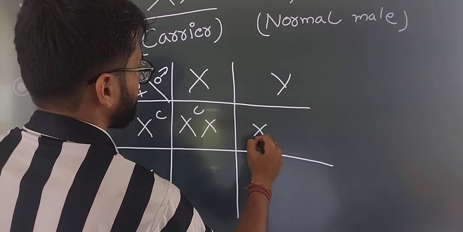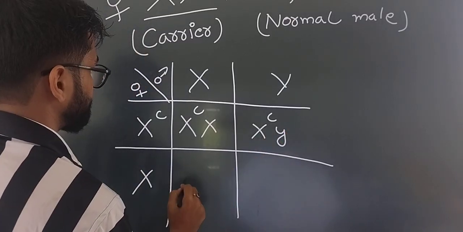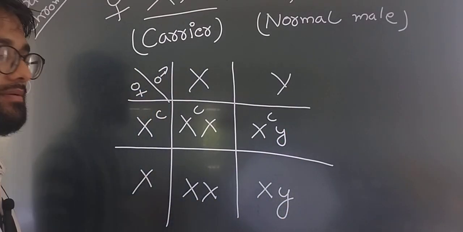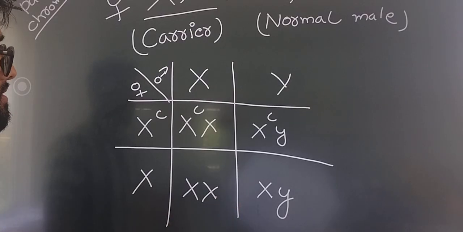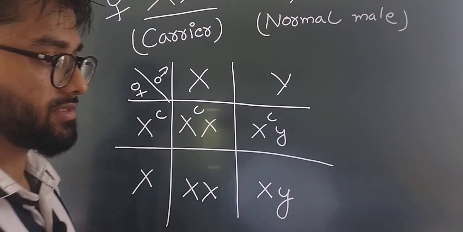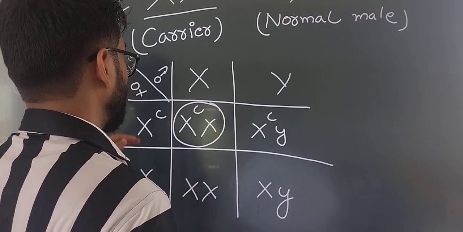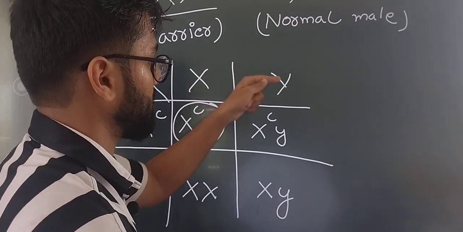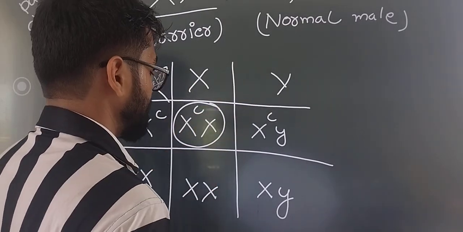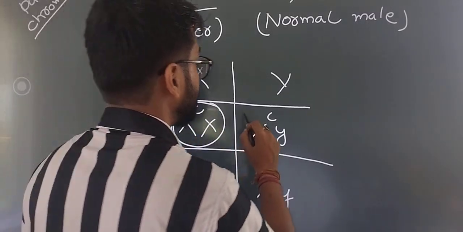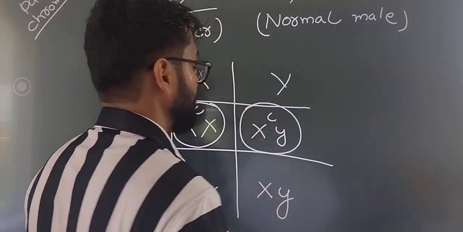Simple. Now, what do we take from this? A cross between a carrier female and a normal male will always give you a carrier female and a hemophiliac male.